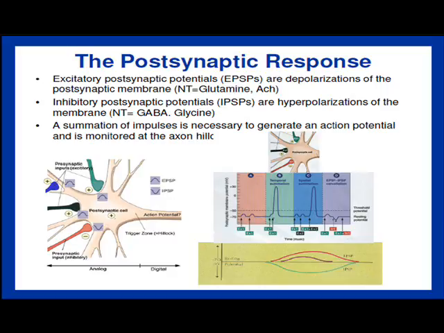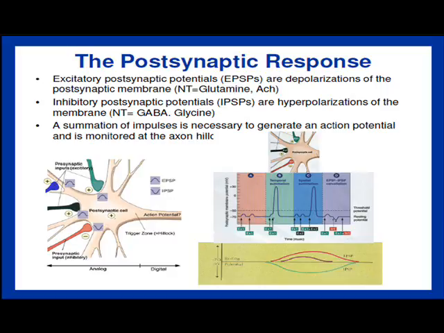If you've got an inhibitory postsynaptic potential, it's because the neurotransmitter being released is GABA or glycine. So with GABA and glycine being released, you're going to take the membrane potential further away from the threshold. If you've got glutamate and acetylcholine being released, chances are you're going to reach threshold and fire an action potential.